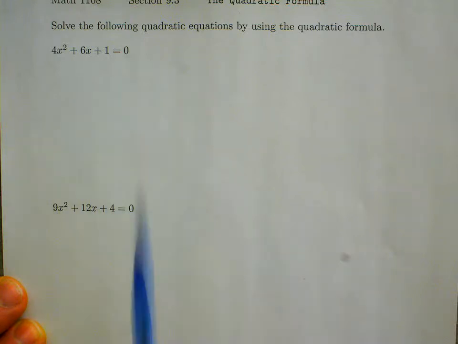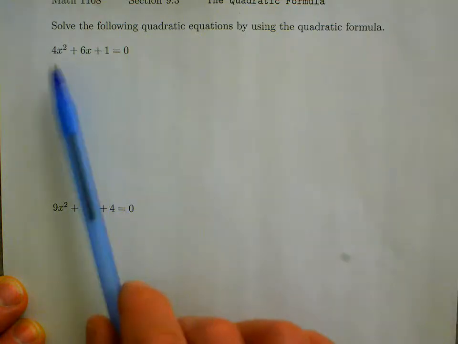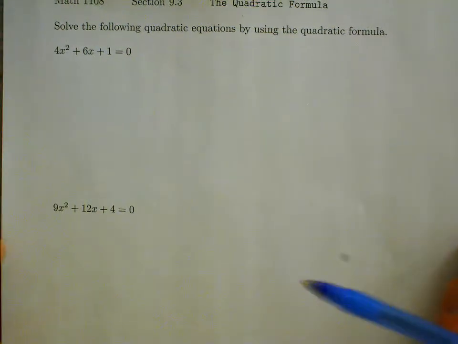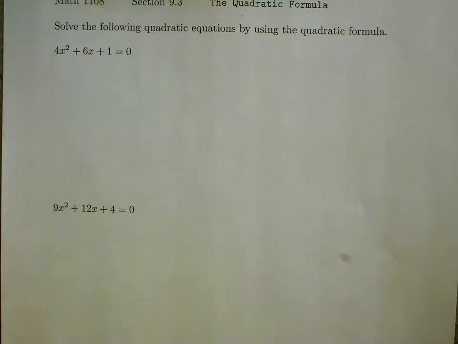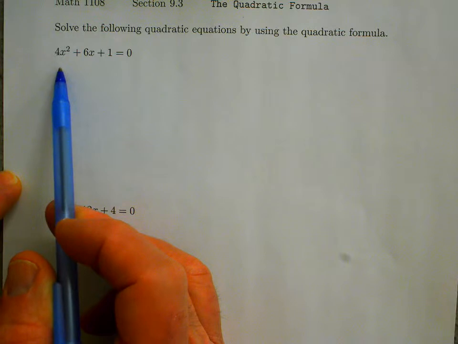And we'll solve 6 equations using the quadratic formula. Then we'll come back, and on the right side of the page, we'll solve by completing the square. So knowing both of those methods is valuable. So first we'll start with the quadratic formula.